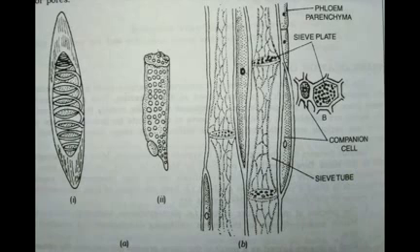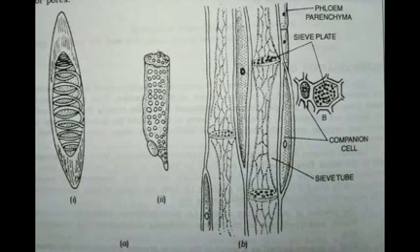Let us see what the steps are. The process of manufacture of food, that is photosynthesis, occurs in the leaves. Mainly mesophyll cells of the leaves containing chloroplast are involved in this. Food or sugars formed as a result of the above process diffuse into the phloem cells of leaf veins.